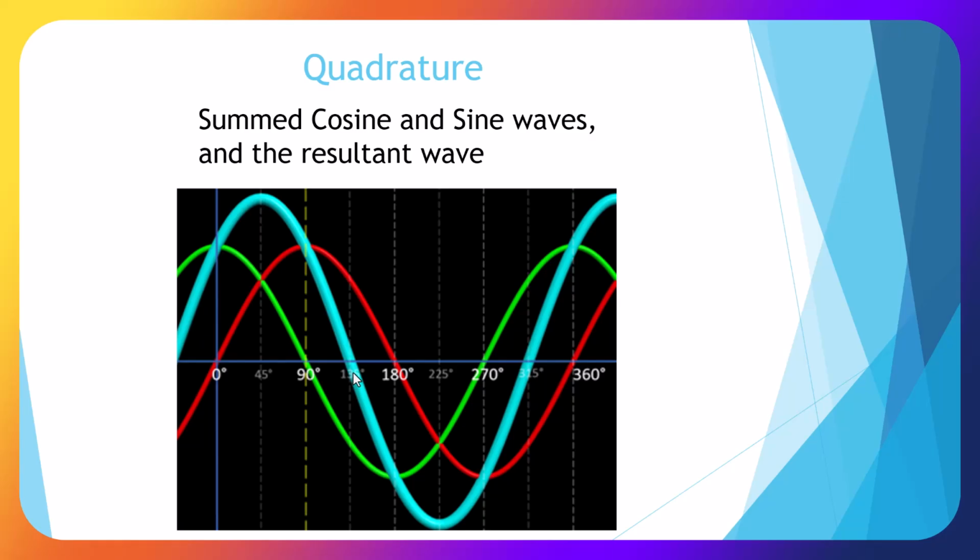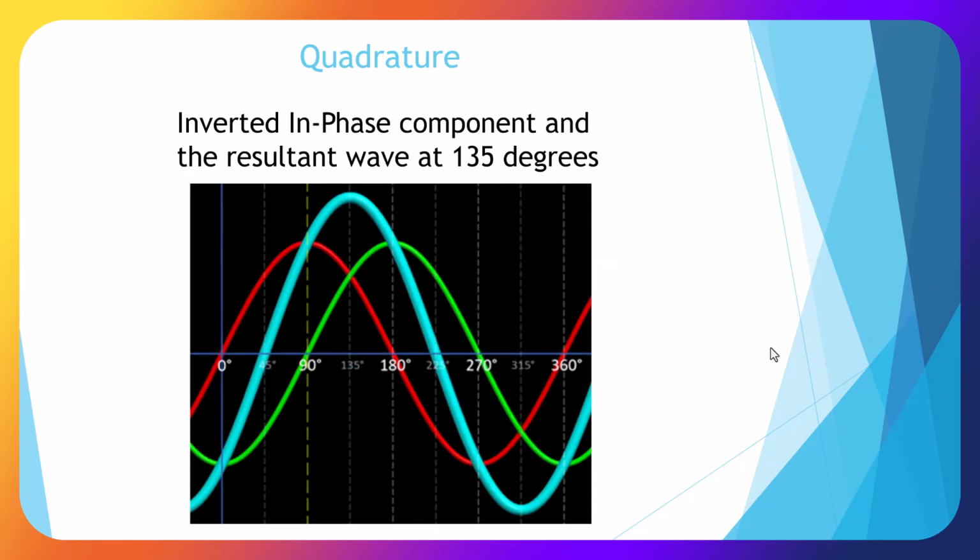So what we're doing here is we're summing the cosine and the sine waves, and this thick light blue line is the resultant wave. Okay, so what we've done here is we inverted the cosine wave. The sine wave remains the same, and we invert this, and we end up with this waveform combination, but it's at 135 degrees.